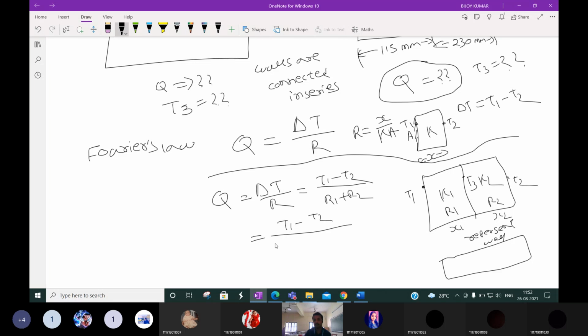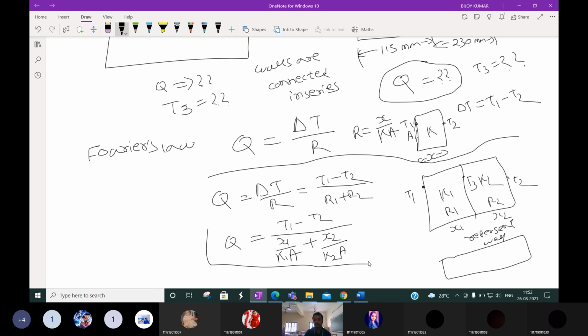X1 by K1 into A, sir. Very good. For plane wall 1, it will be X1 thickness by K1 into A, plus R2, similarly X2 by K2 into A. Okay, this is the answer.